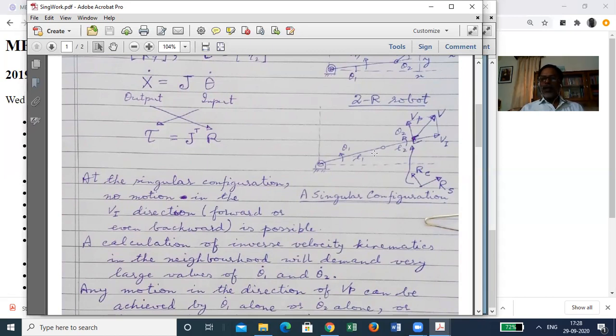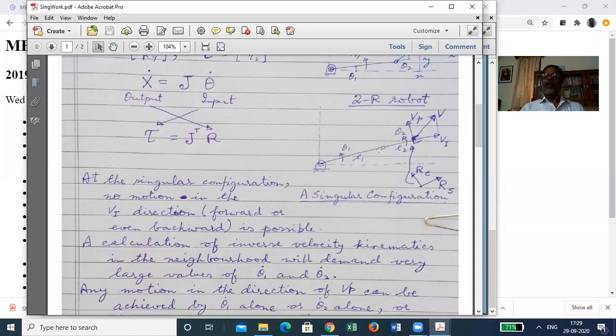Inward is at least within the reach, right? I mean, by a folded structure of the elbow you could have reached here, but right now you are not in a folded structure, you are in an extended structure of the arm. Even if you want to come back inward, right at this configuration, there is no input velocity combination which will give you this inward motion.